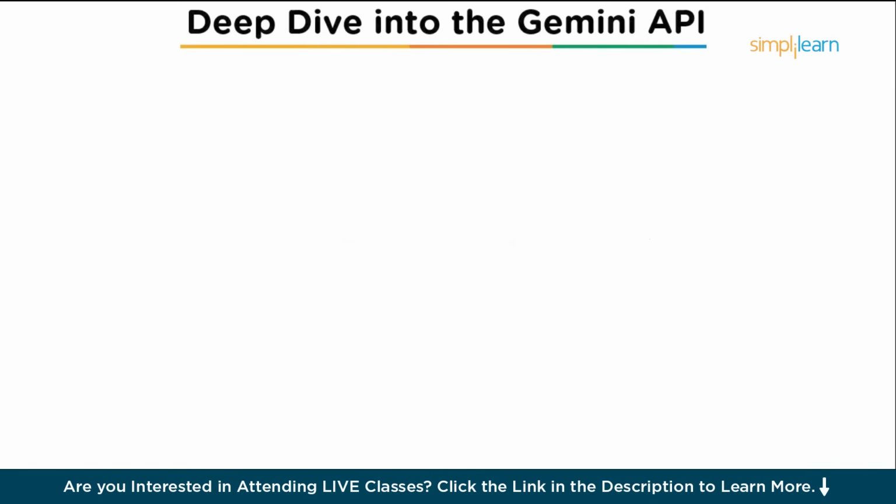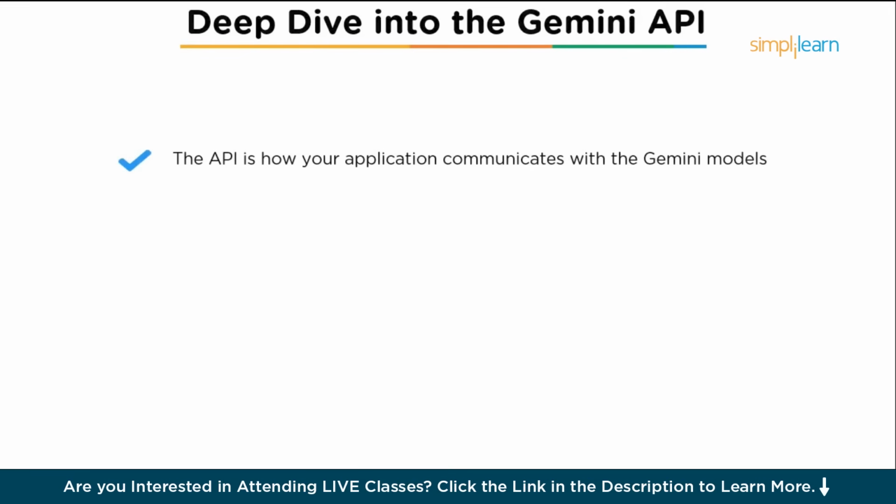To integrate Gemini's powerful capabilities into your own application, you will utilize the Gemini API, which serves as a direct communication channel with the Gemini models. This interaction begins with authentication, typically using API keys to securely identify your project and control access.